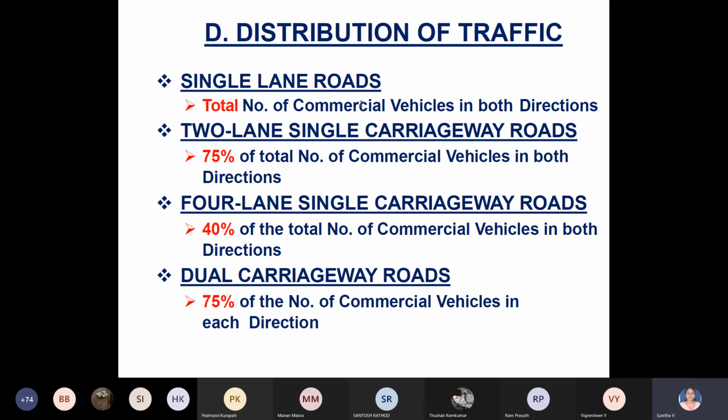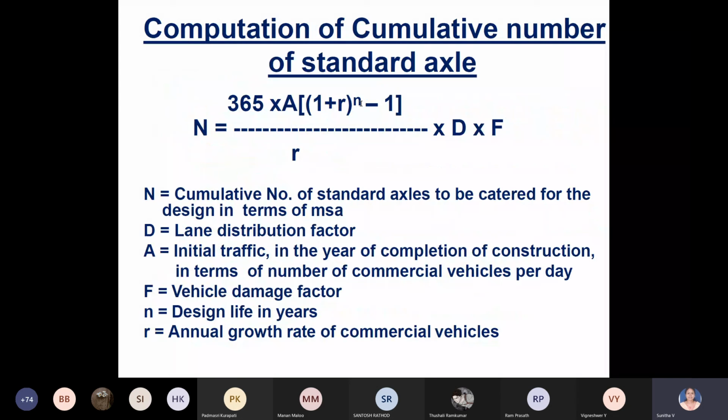For dual carriageway roads, it's taken as 75% of the total number of commercial vehicles in each direction. That 75% in each direction is taken for the design.